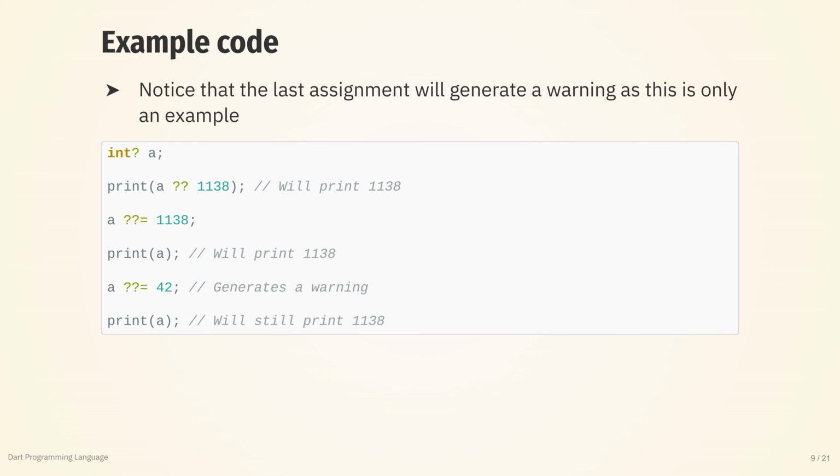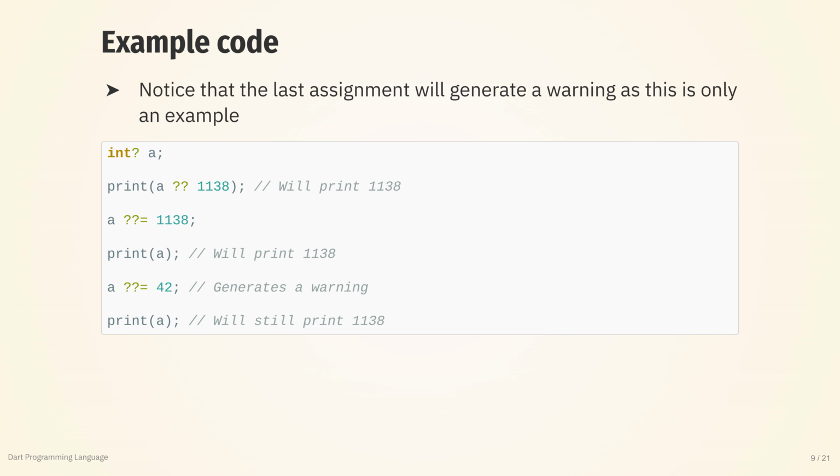So int with a question mark means that we have a nullable variable called a, and with the print statement we check how the double question mark operator works, which checks if a is null, then we will not use that value.